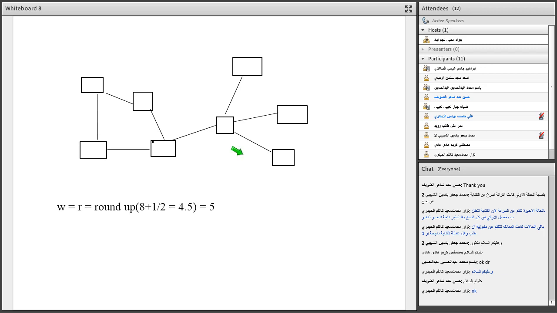In this example, the value for write quorum and read quorum is equal to round up of 8 plus 1, where 8 is the number of replicas, plus 1, divided by 2, which is equal to 4.5, and so W and R are equal to 5.